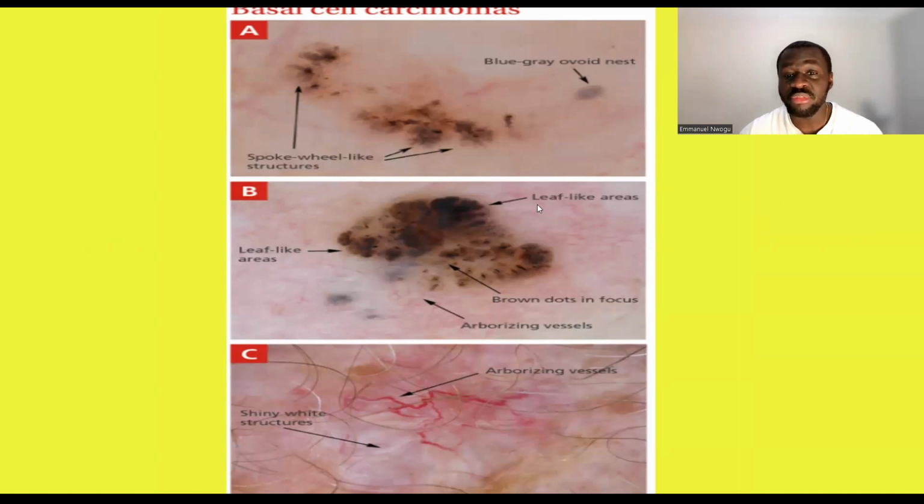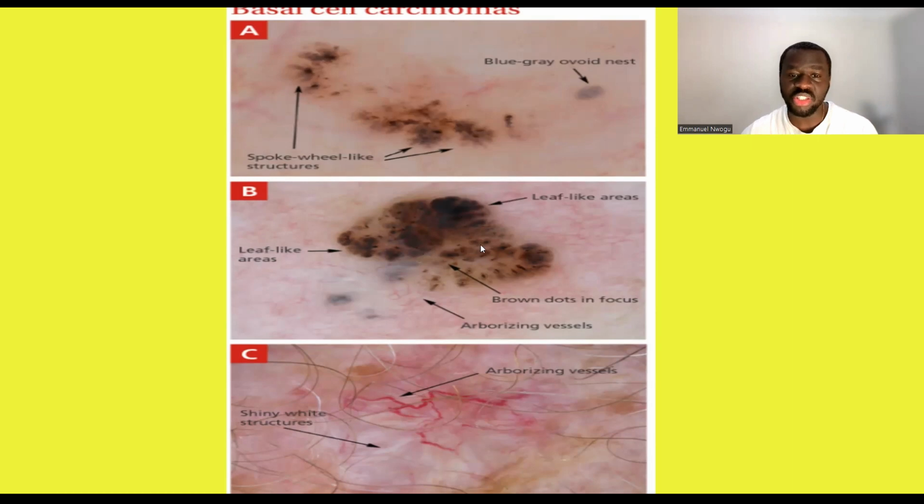Other commonly identified features are the maple leaf-like areas at the periphery, or spoke wheel appearances at the periphery, and this blue-white veil appearance, as though the lesion has been covered with a blue veil. See that blue hue around the lesion. These are commonly identified, and sometimes you find the ovoid blue dots, or blue-gray dots, or blue-gray globules.